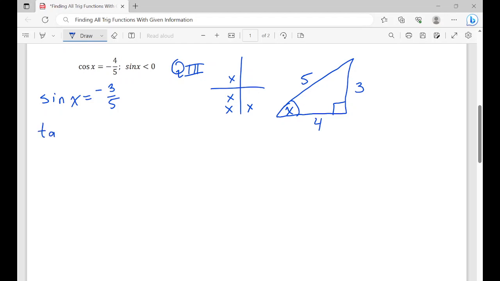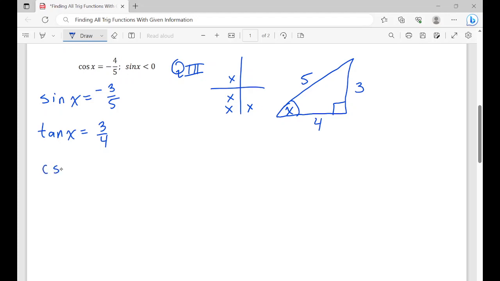Next is tangent, and tangent is opposite over adjacent, so opposite 3 over adjacent 4. It's in quadrant 3, so tangent's positive, we can leave it alone. And now that we got these three, we can get the last three very easy.